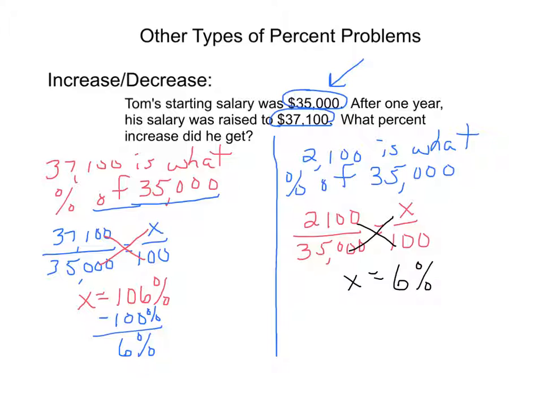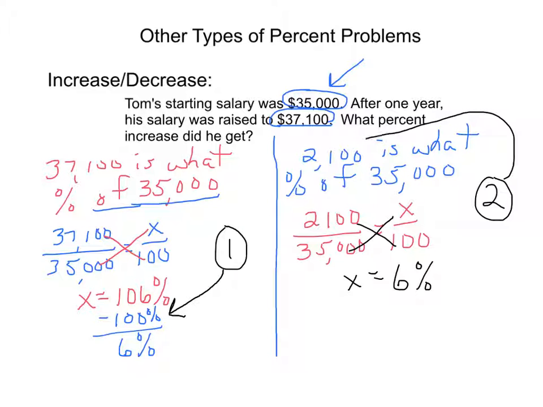You can do either one of these two methods when you do increase or decrease problems. It doesn't matter which one. Notice that I subtracted in both of these. In the very first one, I subtracted the 100% at the end. In the second one, I subtracted at the very beginning, which gave me that 2,100.